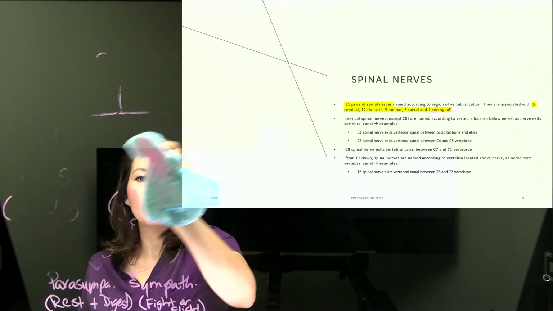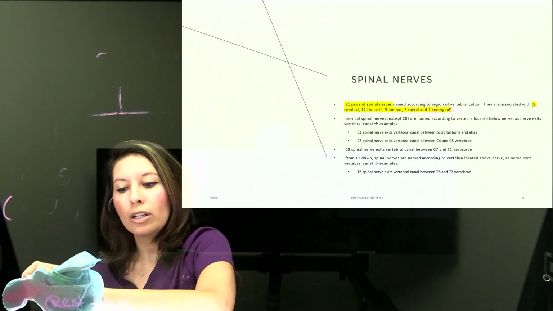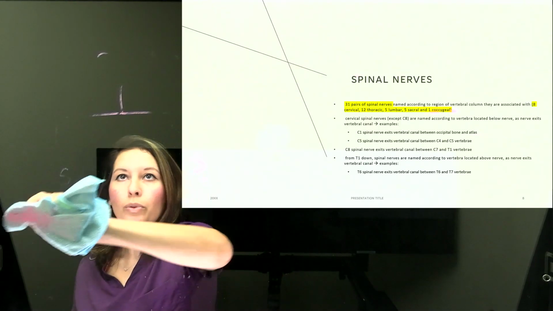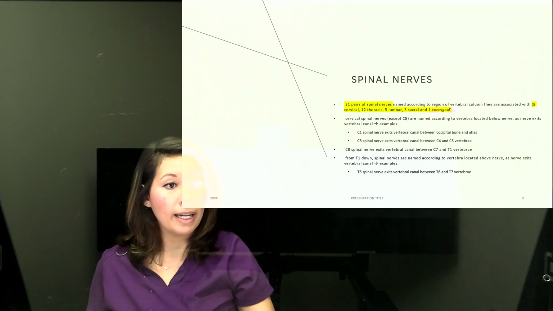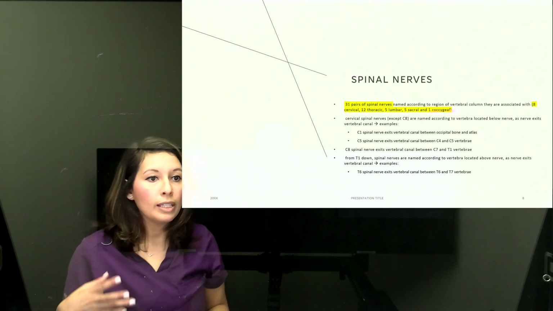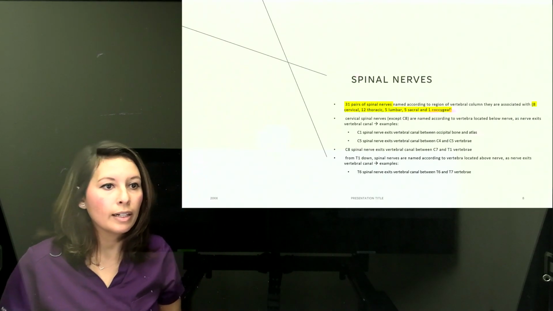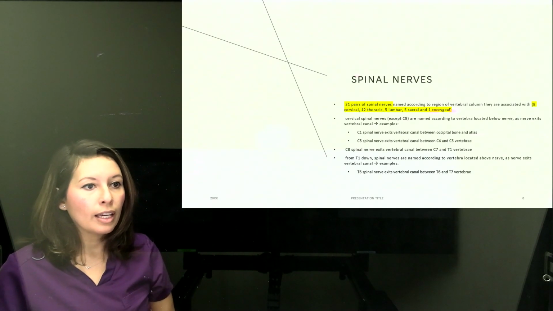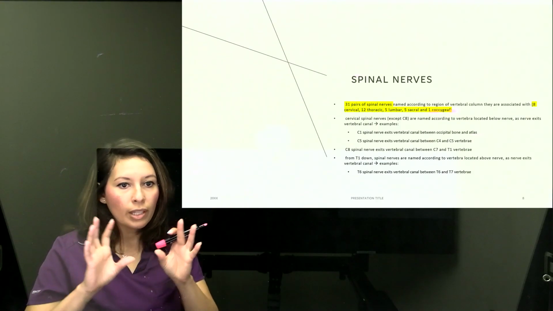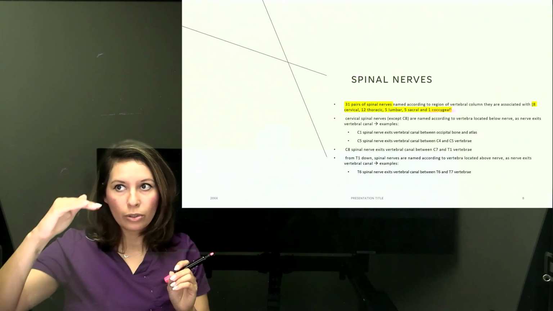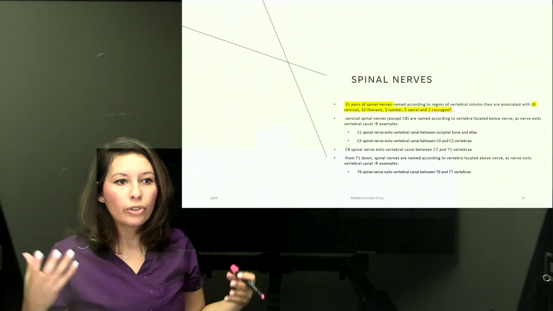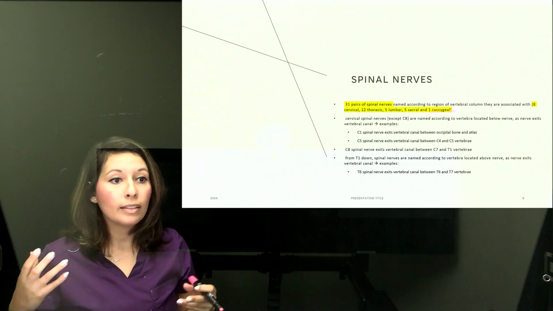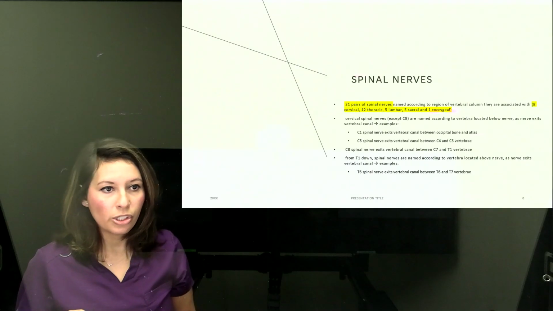Spinal nerves, as the name implies, are nerves coming from your spinal cord. There are going to be 31 pairs of spinal nerves, and they come through the same areas as your vertebrae. For example, we have cervical, thoracic, lumbar, sacral, and coccygeal spinal nerves.